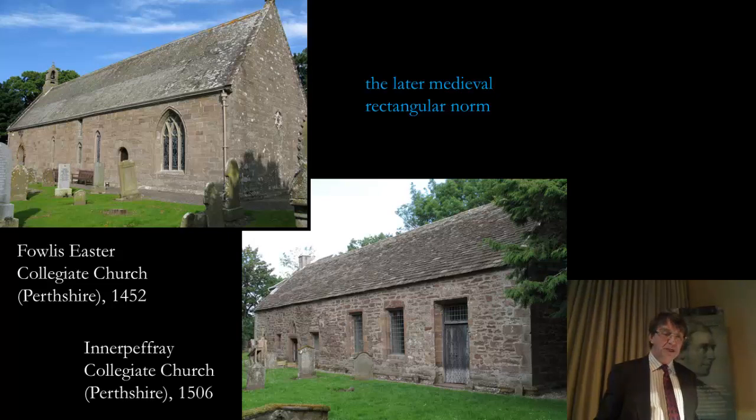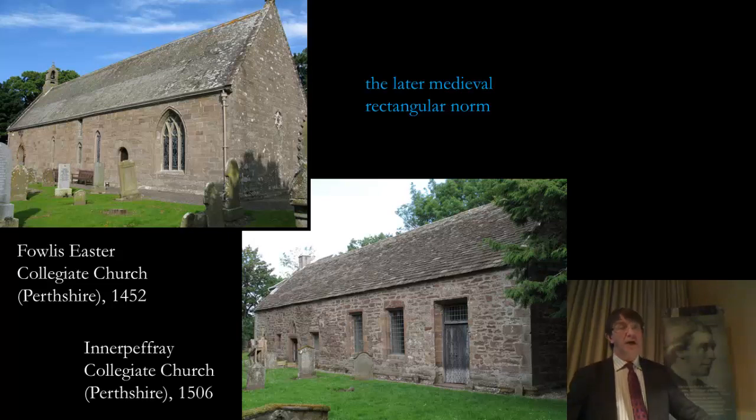But the first thing that we really have to remember, of course, is that a considerable majority of Scottish late medieval churches were never more than unarticulated rectangular buildings. This was certainly true of a very high proportion of our parish churches. It was also true of quite a number of our churches of middling scale, including quite a lot of collegiate churches.